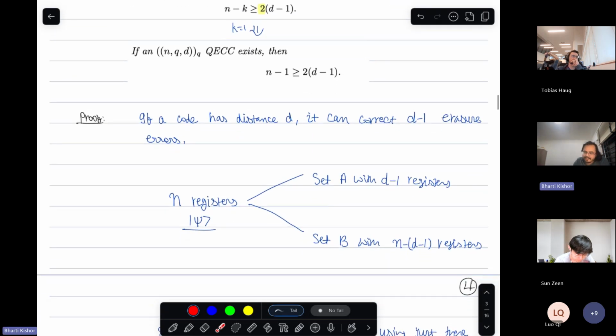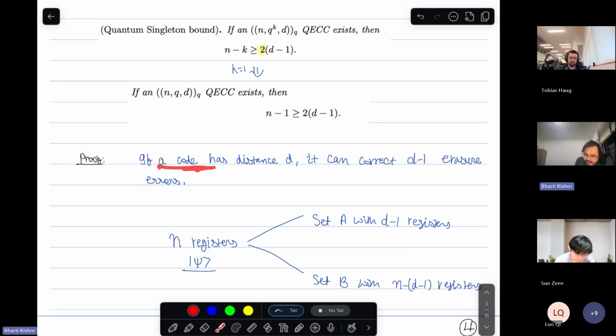So let's say there is a code that has distance d, then it can correct d-1 erasure errors. That we know, we have heard in previous sessions.